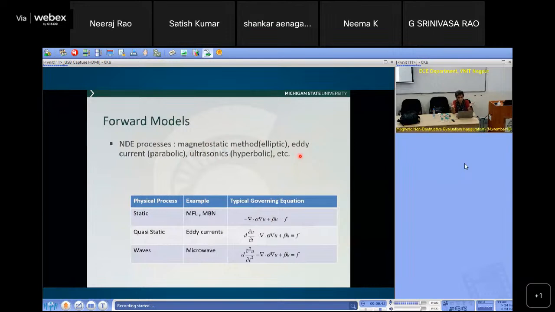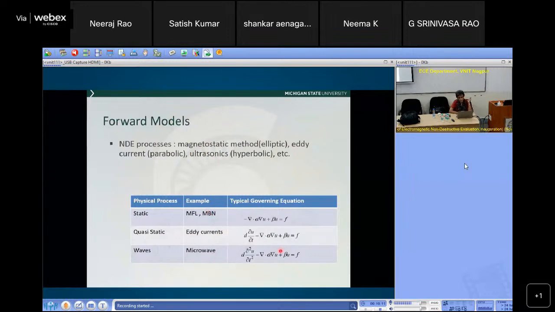Thermal equations are also diffusion equations, so you have a first order time derivative. And microwaves and ultrasound all belong to the wave equation. So these are the different physical processes: static field, diffusing field, and a wave propagating field. And these are the different NDE processes. These are the different typical governing equations.